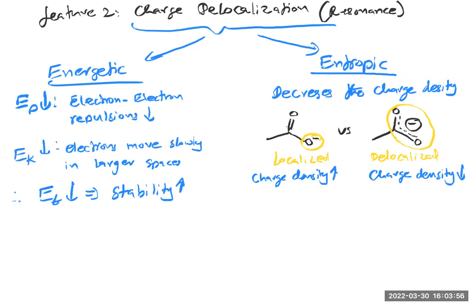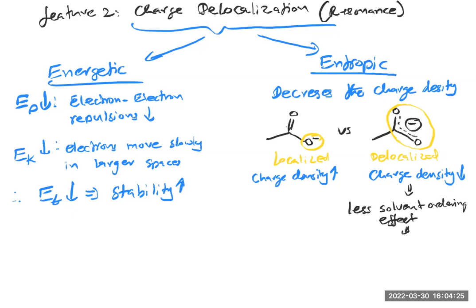When we have a lower charge density, it has a less organizing effect on water, less solvent ordering effect.